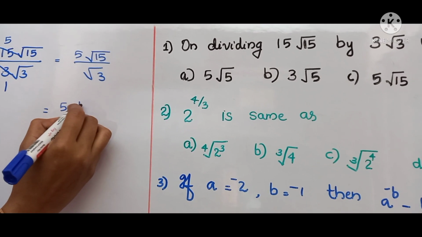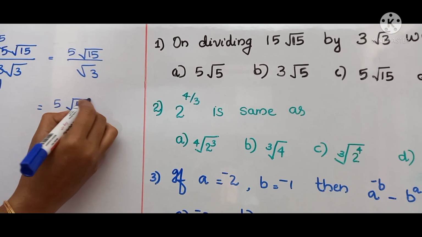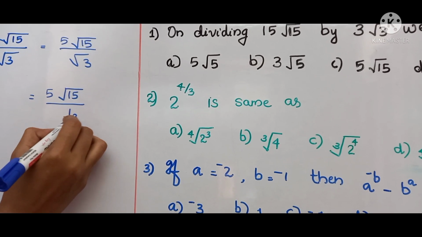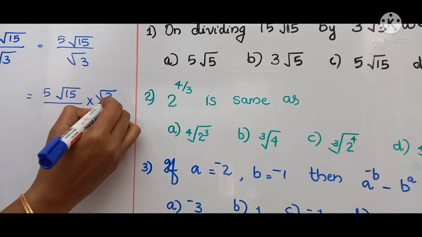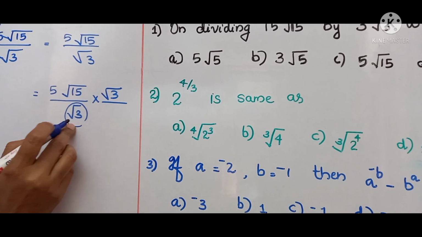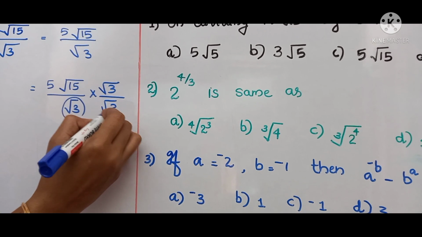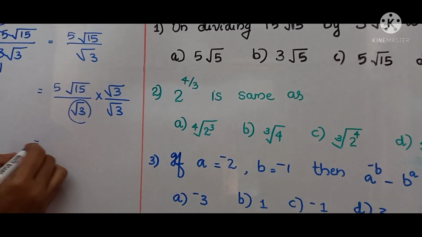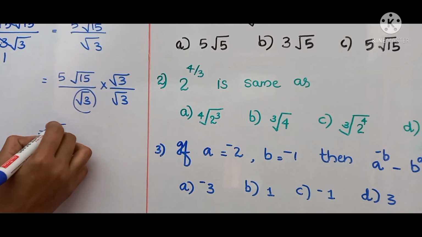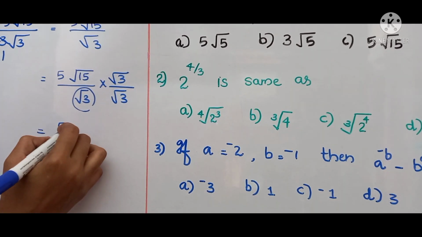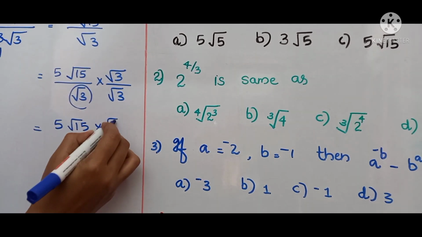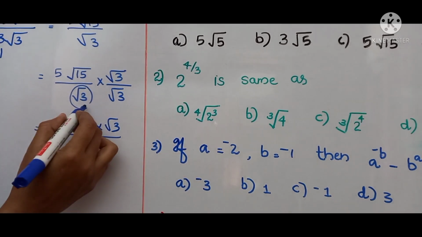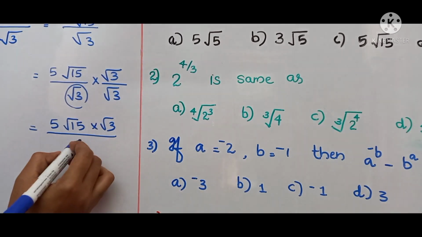It will become 5 root 15 divided by root 3. For rationalizing, we have to multiply both numerator and denominator by root 3. Now we can see it is 5 root 15 into root 3 divided by root 3 into root 3, which is 3.